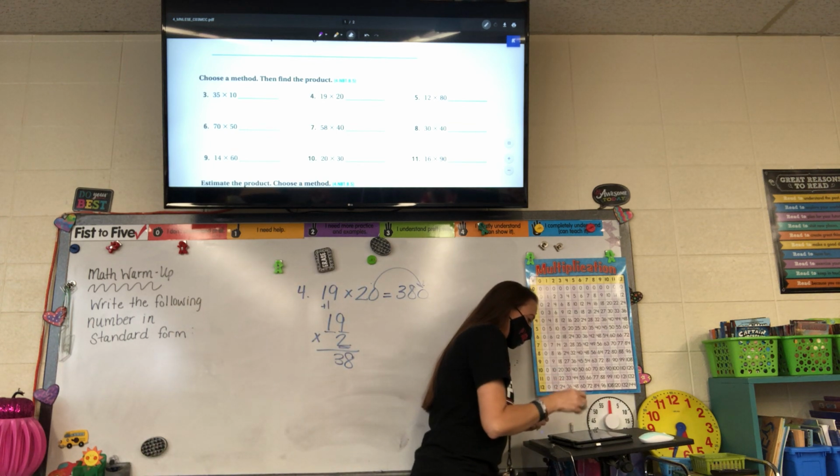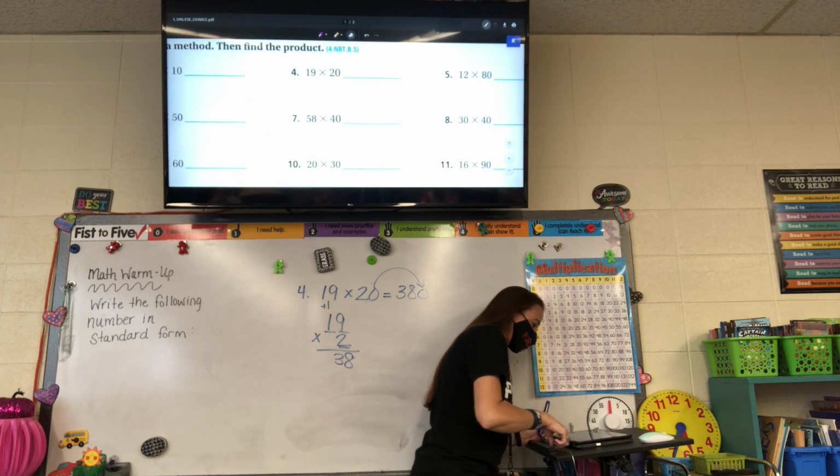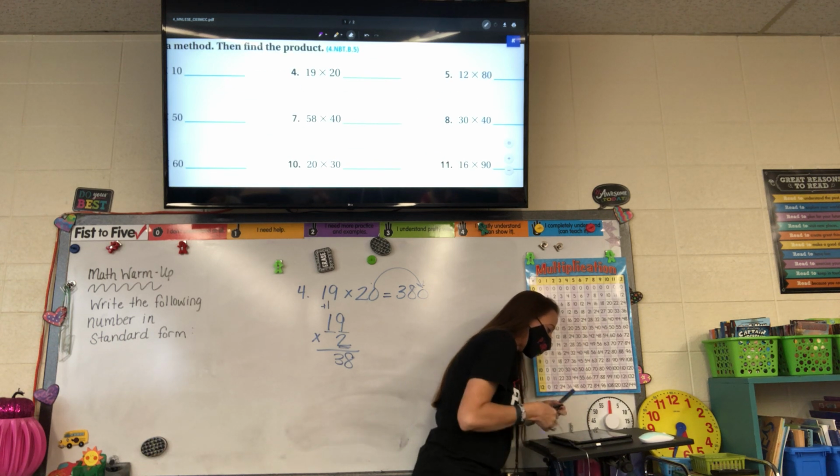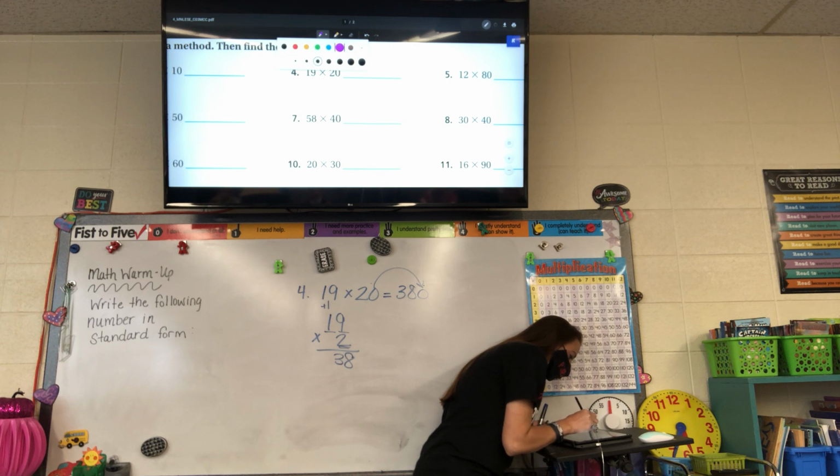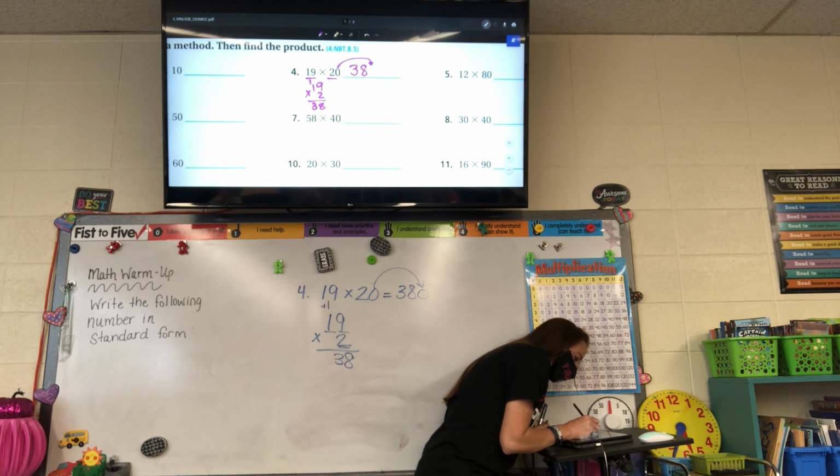So for number 3 through 11, that's how you're going to do the problems. So our basic fact is 19 times 2, which equals 38, and then the 0 comes over.